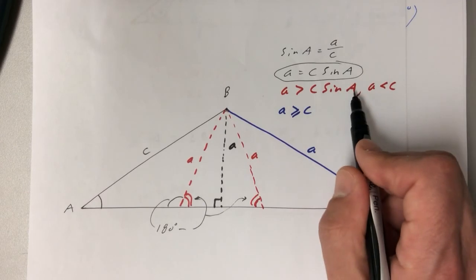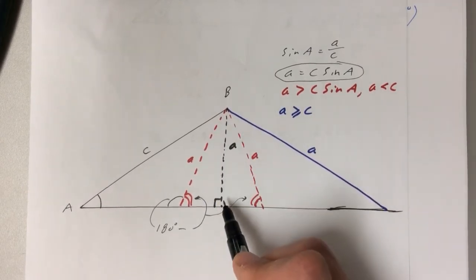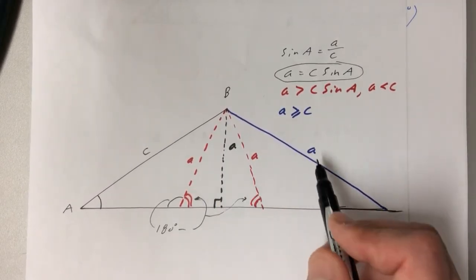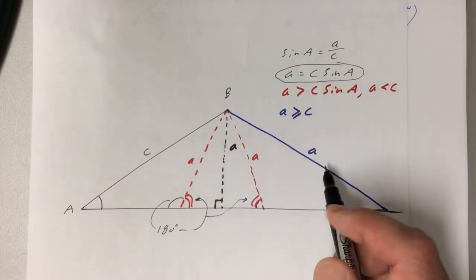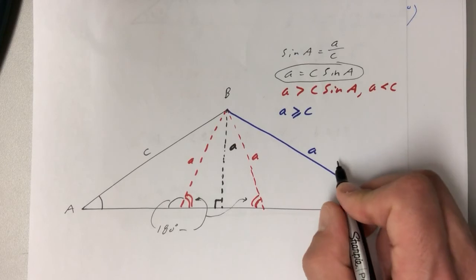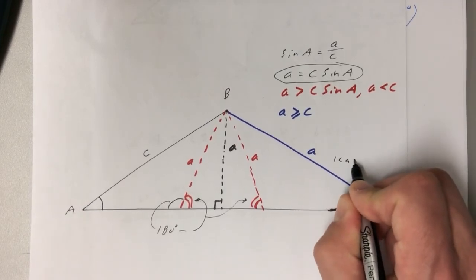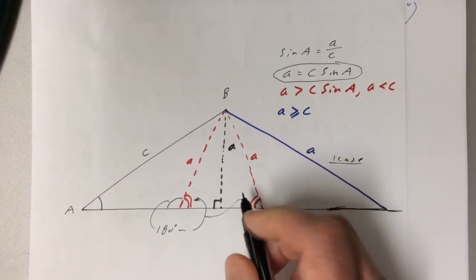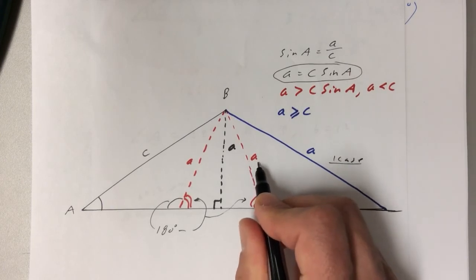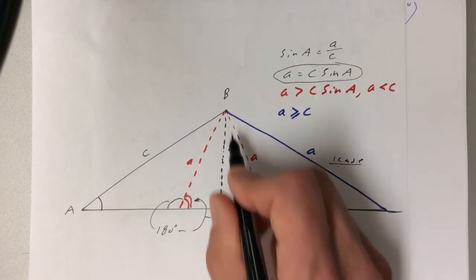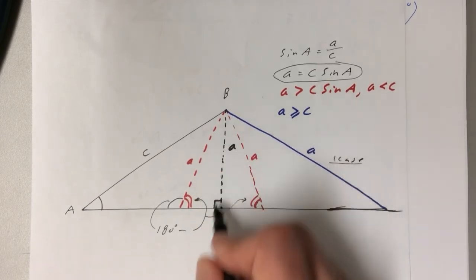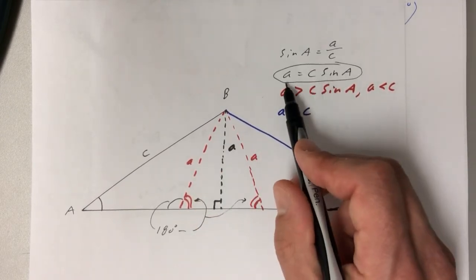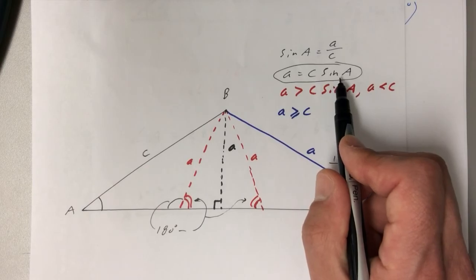So C sine A is this shortest side. And then when A is bigger than this opposite side, this side here, then you only have one case. All right, so this is one case. This is 2 cases here, the 2 A's. And this is back to one case when it's a right triangle. And then there'd be no case if it wasn't big enough, if A was less than C sine A.